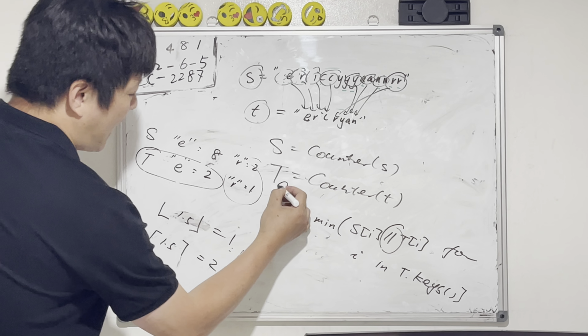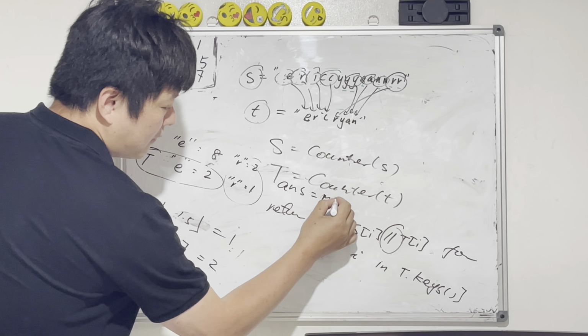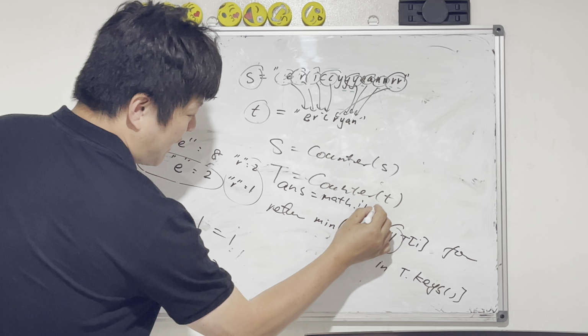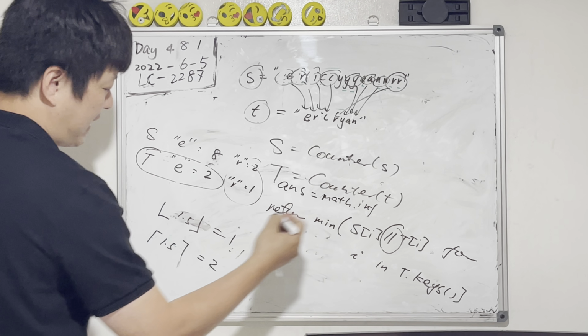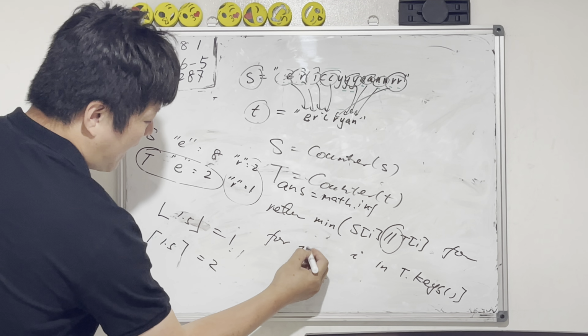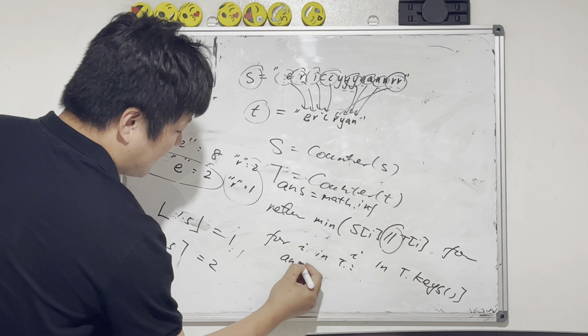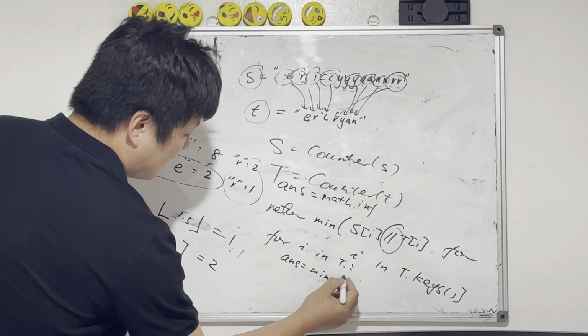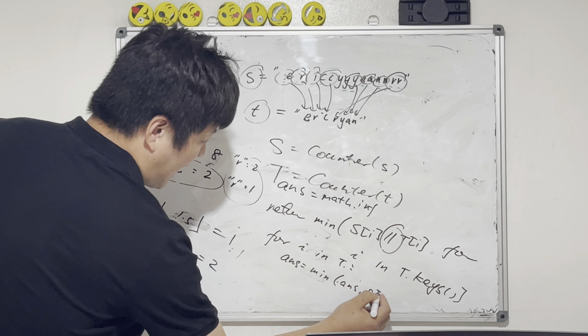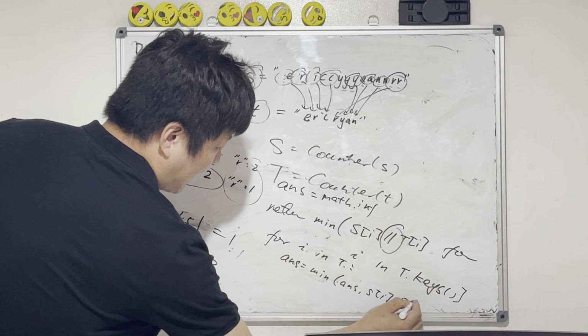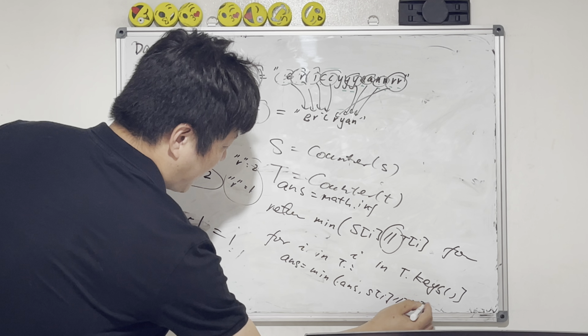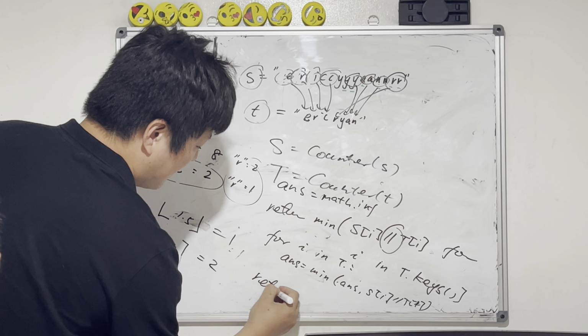Alternatively, we can do this. Answer equals math dot infinity, and then we go through and get a copy of each one. So for I in T, and then answer equals min of answer and SI divided by TI. This is also okay. Return answer, okay?